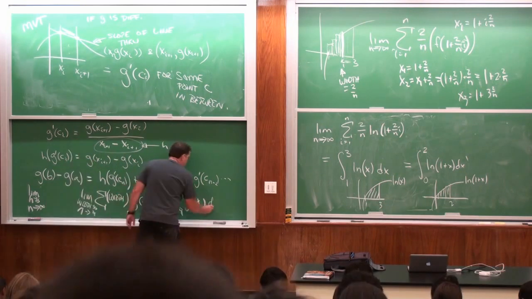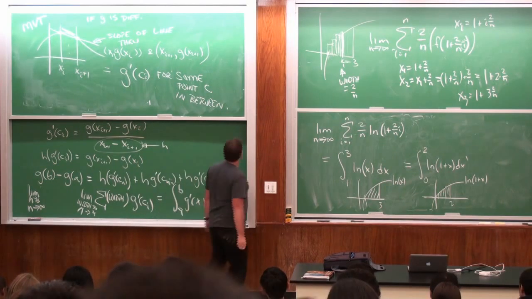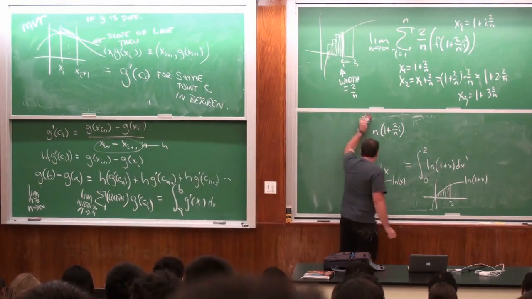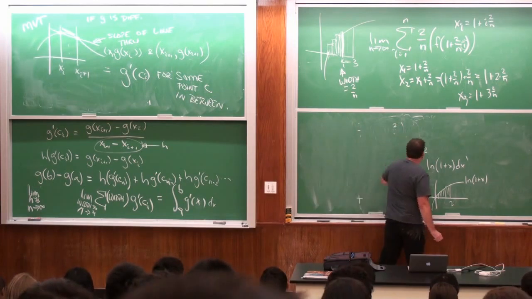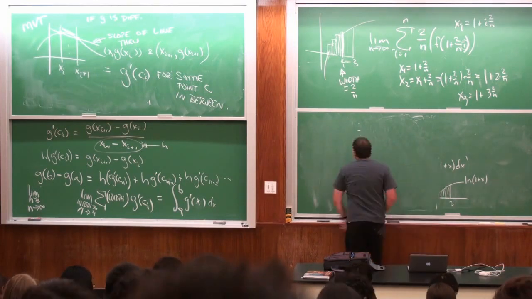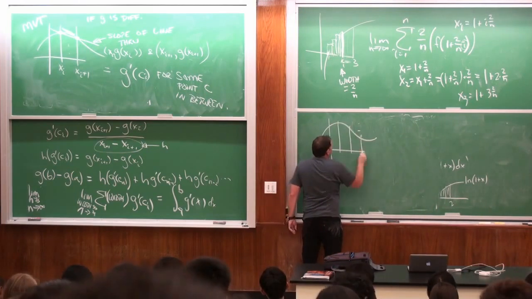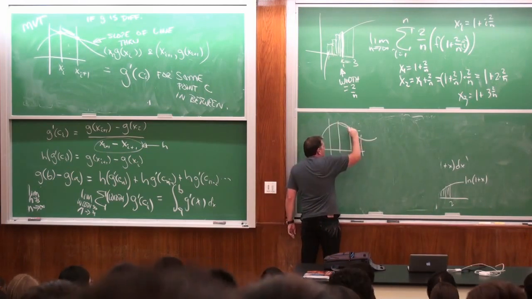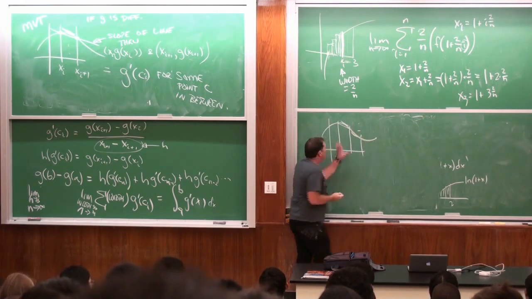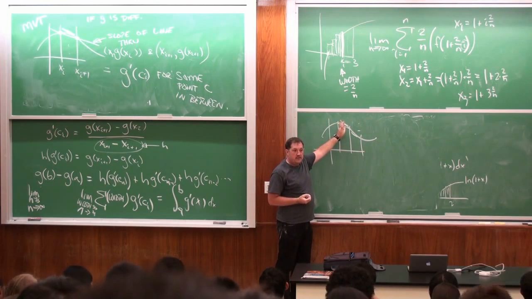So, it's magic. In other words, what's going on in terms of the picture, in terms of the picture, got this thing, and I replace each of these guys with the slope of someplace in between, and then I let them shrink to 0, so I'm adding up more and more and more slopes.